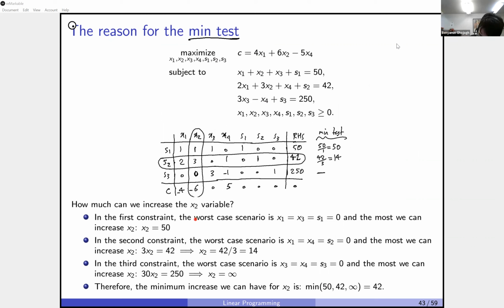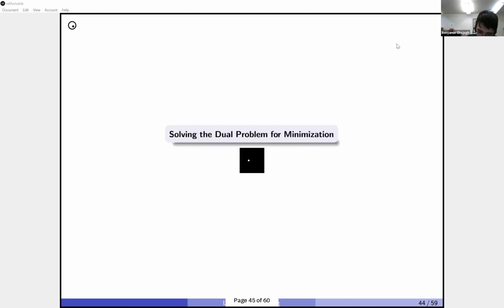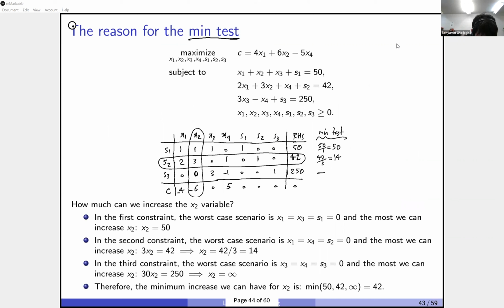I think we don't have enough time. Maybe let me tell you this and then we will conclude the session. So here we chose this -6, which was the most negative one. Now here, you tell me, in the first constraint, the worst case scenario.